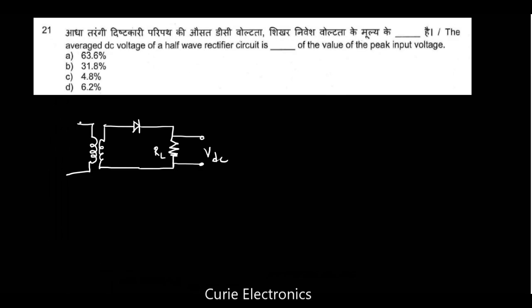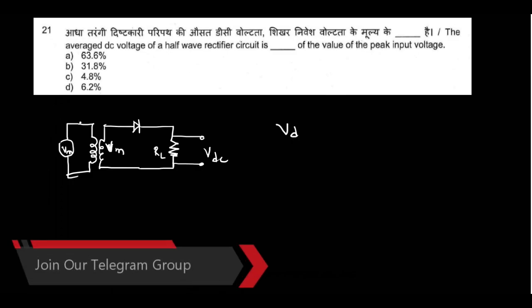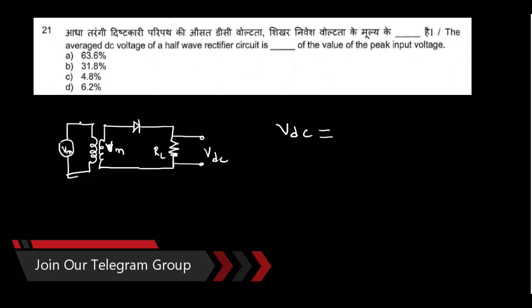Now the input is AC, VM. So here also the peak value of the voltage is going to be VM. That is what he is telling, the peak value. Now the output of this half wave rectifier is VDC, average DC, equal to Vm upon pi.